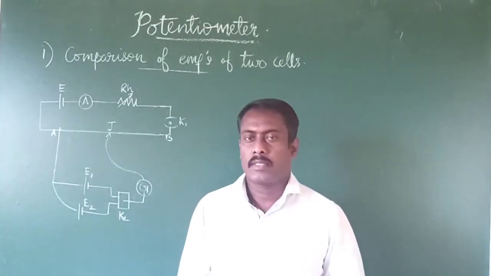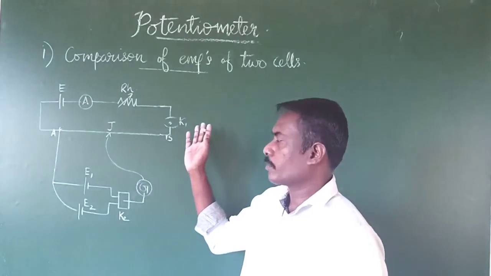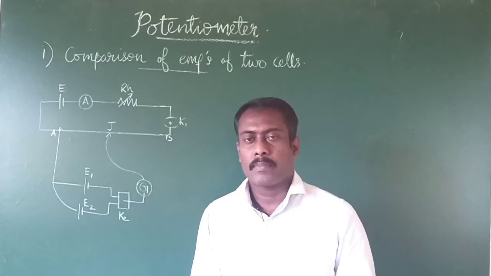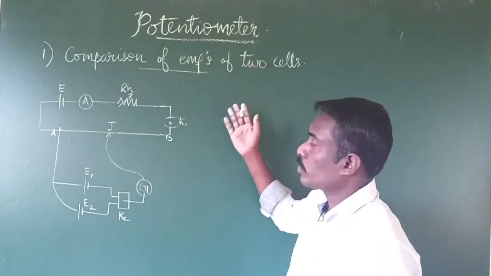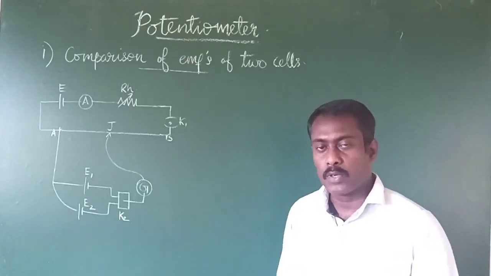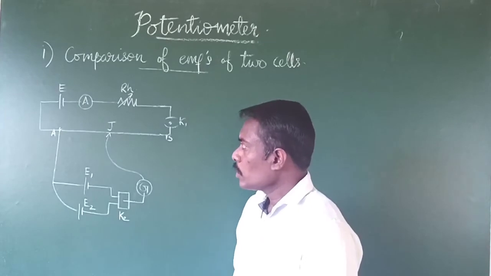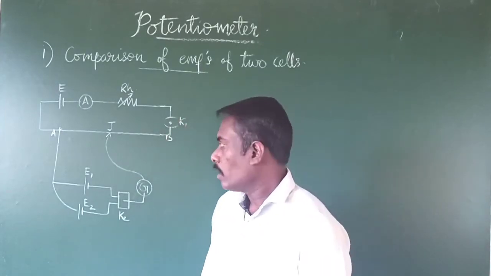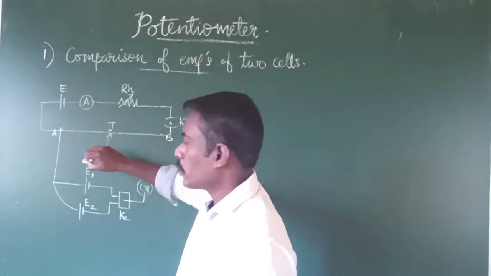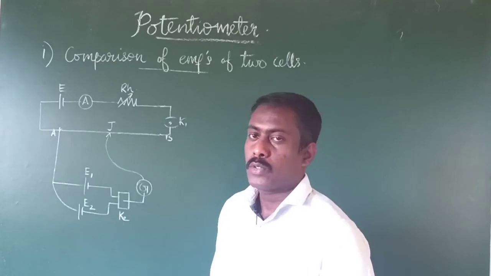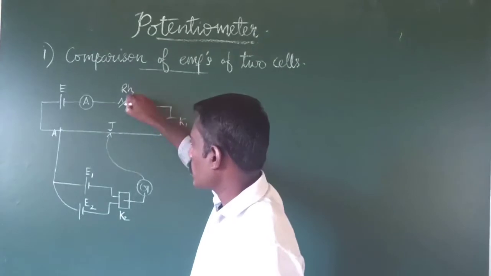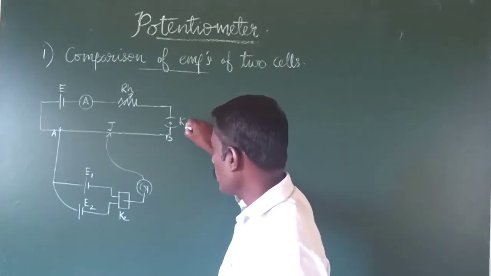Now we are going to see one of the applications of the potentiometer. Whenever the EMFs of two cells are being compared, a potentiometer can be used to get an accurate comparison of the two EMFs. In this diagram you can see that a driver cell is connected to the potentiometer, and an ammeter is also connected to find the current flowing through the circuit, and a variable resistance rheostat is connected through the key K1.